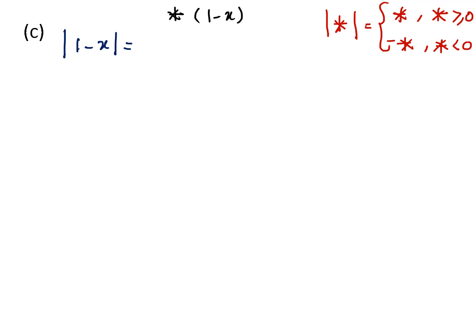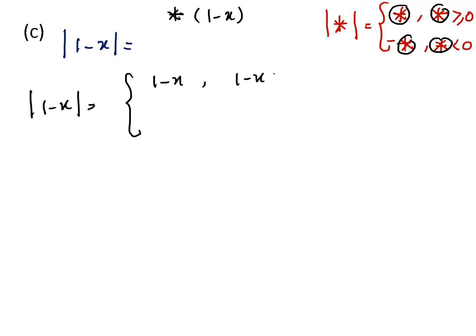Jadi kita akan ganti semualah dekat tempat star ni dengan 1 minus x. Okay, take note, we have negative for the lower part. So, kita pecah pada 2 equal to, so 1 minus x for 1 minus x greater equal to 0. And then the other one, negative 1 minus x for 1 minus x is less than 0.